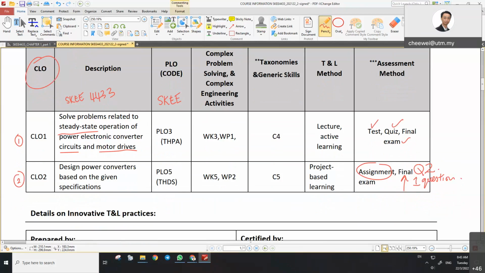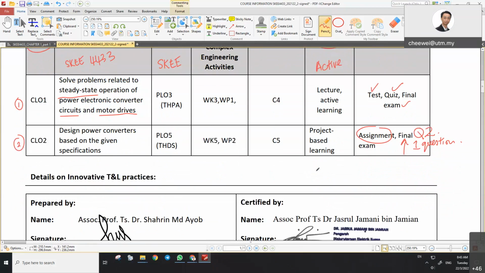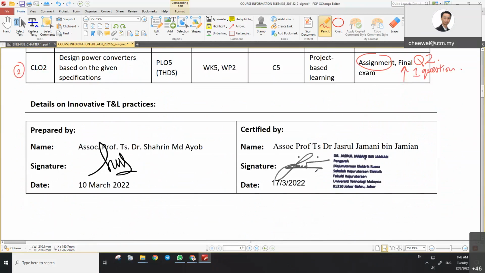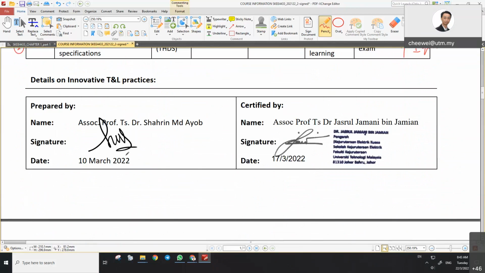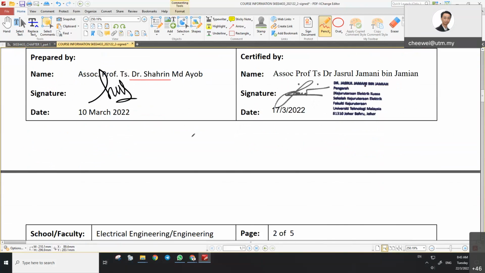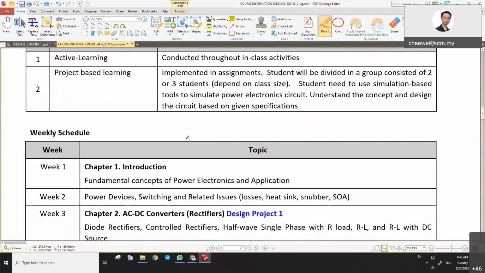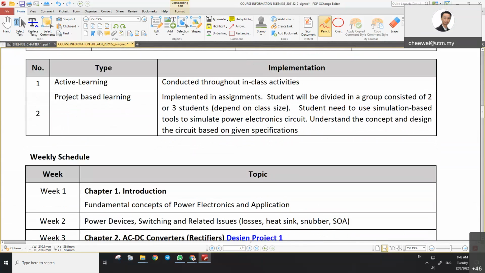What is the teaching and learning method that we should use? In short, we'll just say it is an active learning method. The course coordinator for SKEE4433 is Dr. Shireen. For the course learning method, we are using active learning.